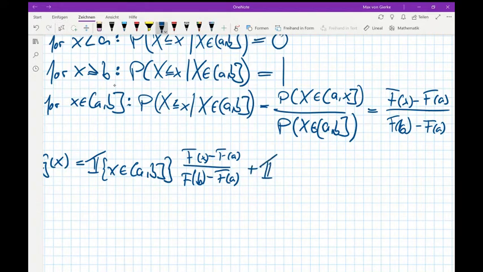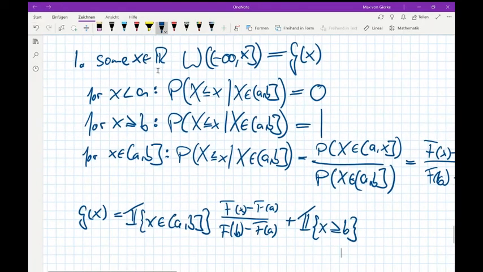So we restrict ourselves to case 2 here: x bigger or equal than b. It's 1 in this case, so we can just leave the indicator function here. And in the first case, if it's less than a, then neither of these indicator functions admits 1, so it's 0, which is what it's supposed to be.